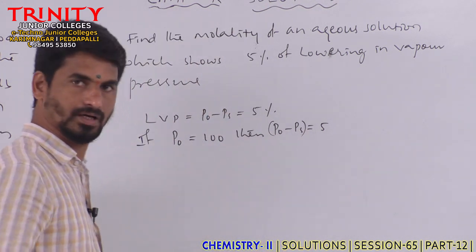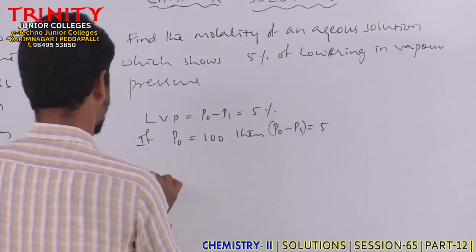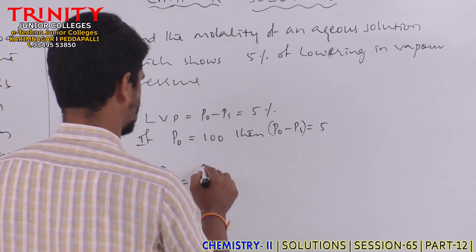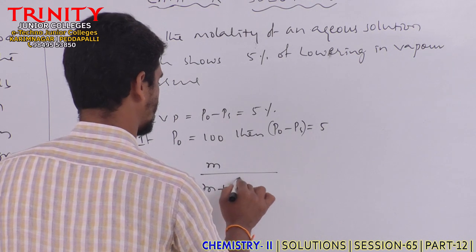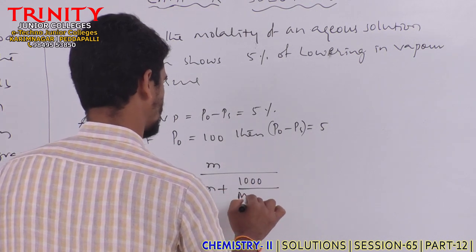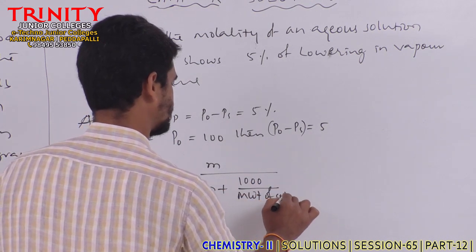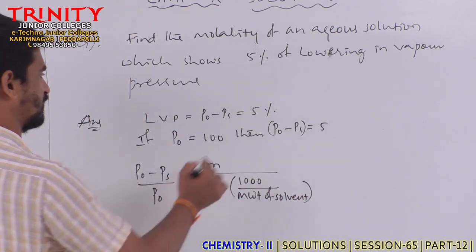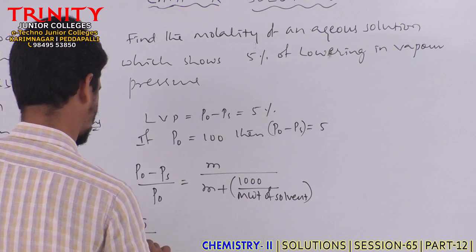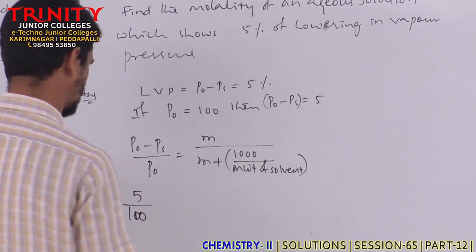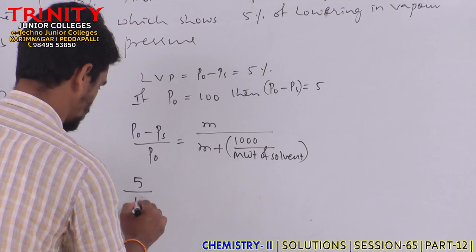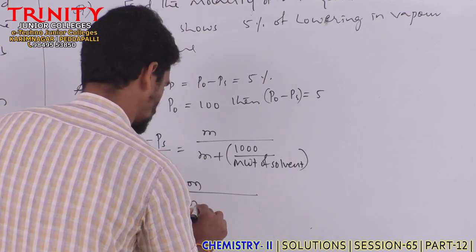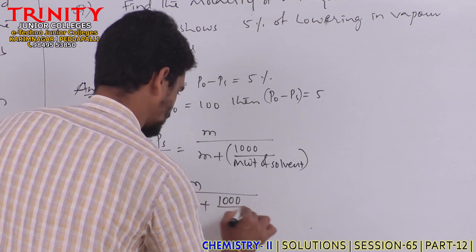Clear? Now from this we can say that (P naught minus Ps) by P naught, or LVP, equals molality by (molality plus 1000 by molecular weight of solvent). So P naught minus Ps by P naught is 5 by 100, equals molality by (molality plus 1000 by, what is the solvent here?)